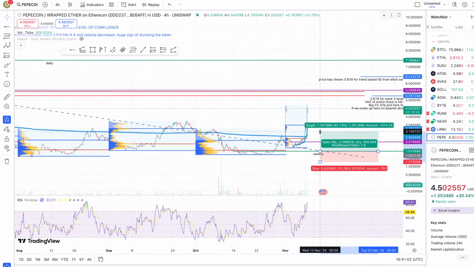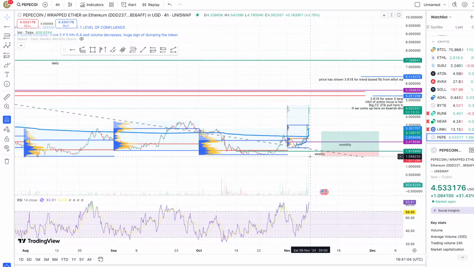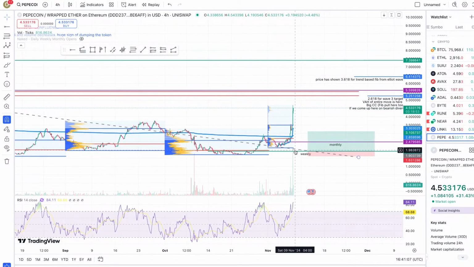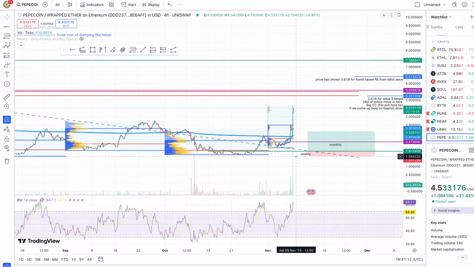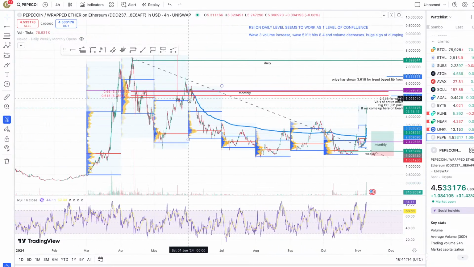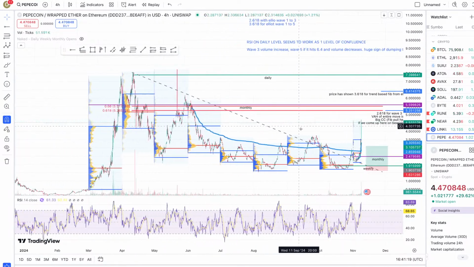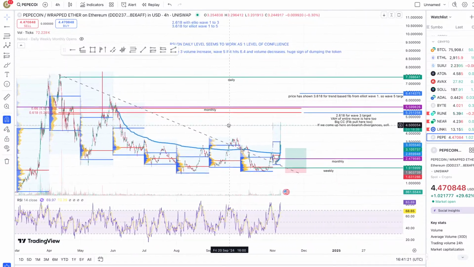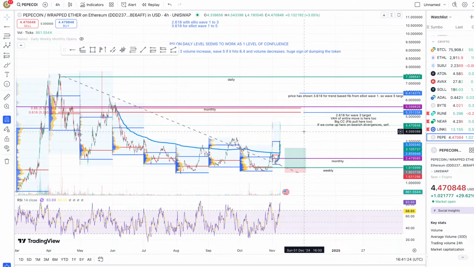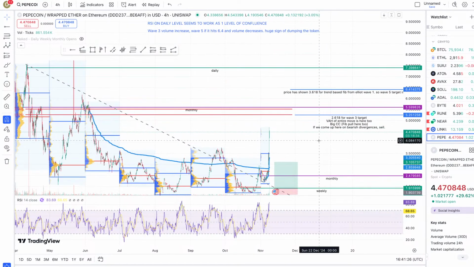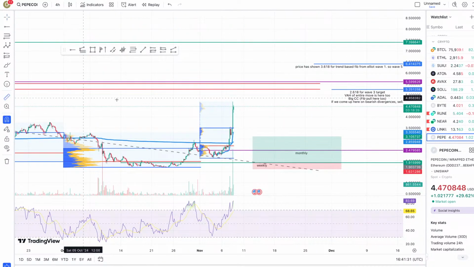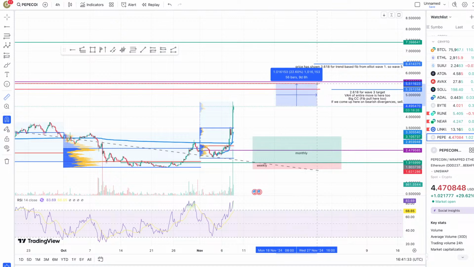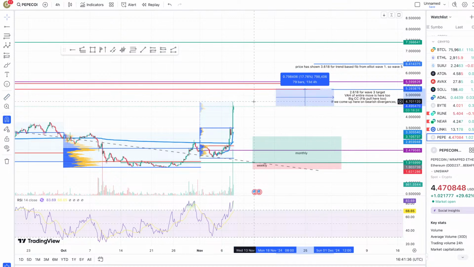So, I need to look deeper into this, but if we were to come down really, really hard, you can maybe expect it to go here. I was actually hoping that we would have some kind of naked point of control up here, but overall, this is what I would say. Looking at Pepe Coin, it is a little bit late to get in, but I would definitely expect it to come up and hit this 17%.